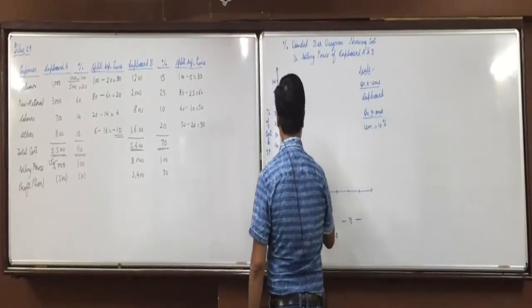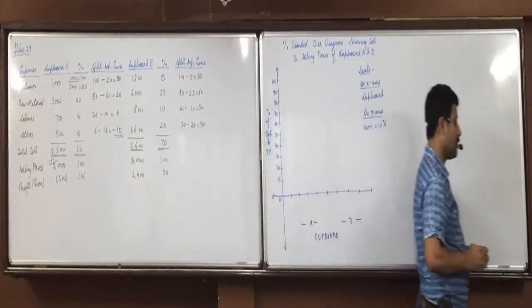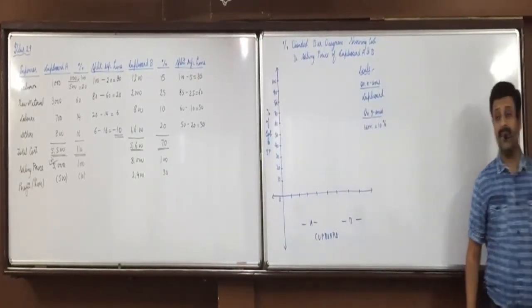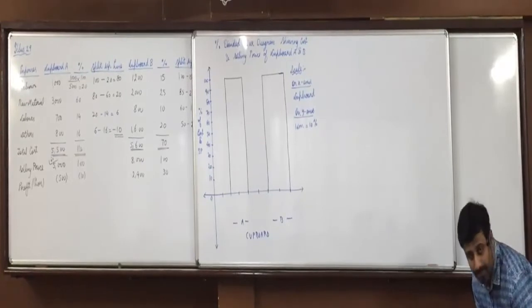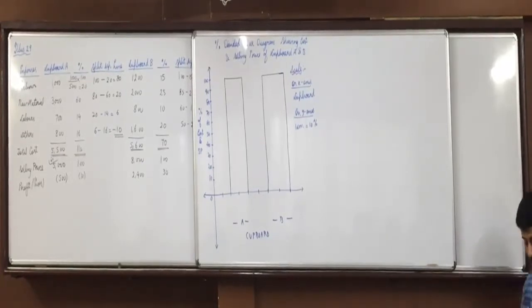Both the cupboards will have what height? Both the cupboards will have height of 100. I'll give you 2 minutes for all this procedure. Didn't you leave 2 centimeters in the beginning?